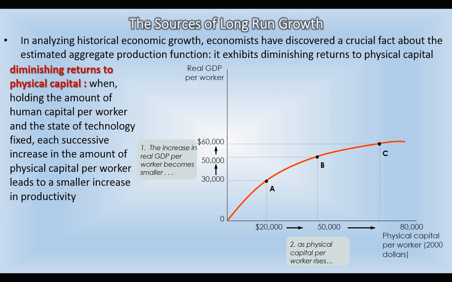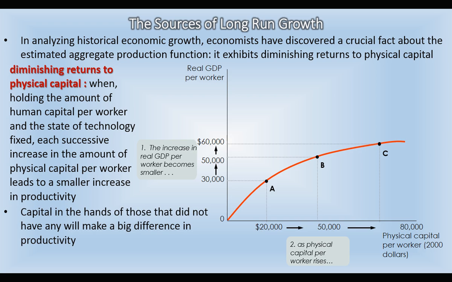So there's a diminishing return to physical capital that's embodied in this relationship that just captures a natural characteristic of this relationship in the world. And that's what models try to do. They simplify the world, but they try to capture as much complexity as possible in the nuances of it.